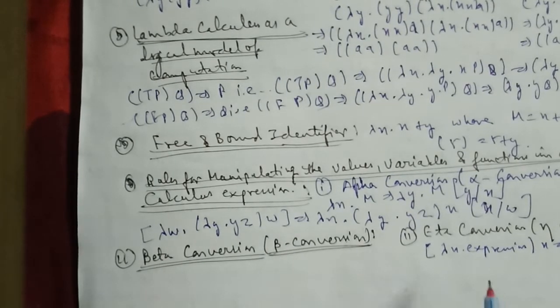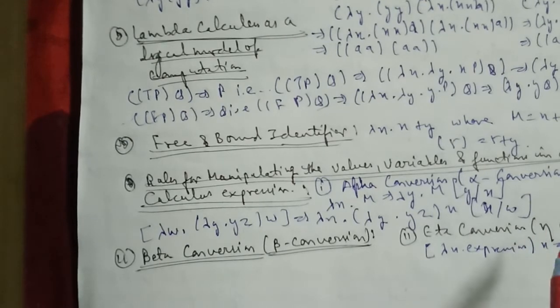So here in the same case, it requires that x have no free occurrence in the expression, so any conflict is avoided, and if the expression stands for a predefined function, the rule remains valid as expressed.